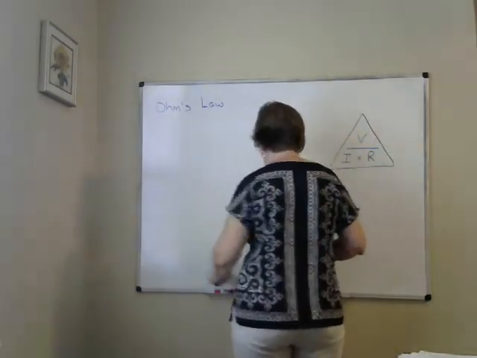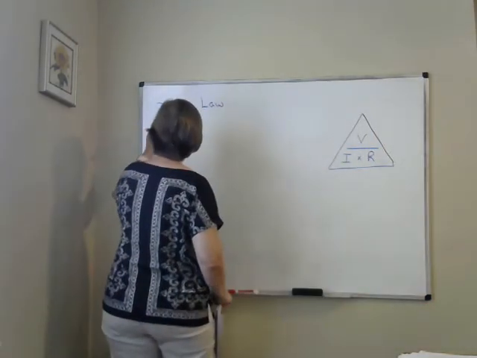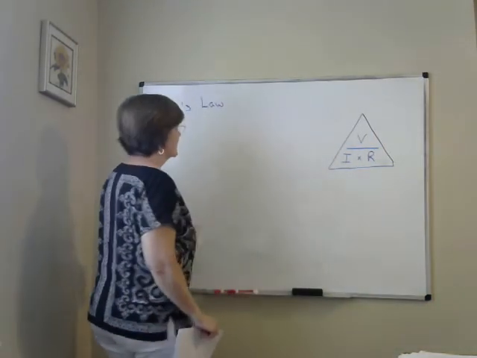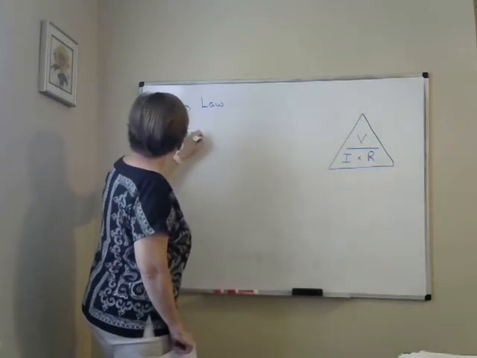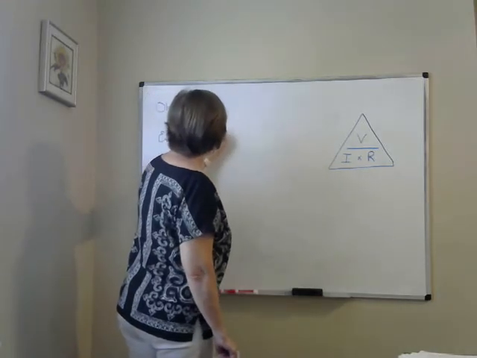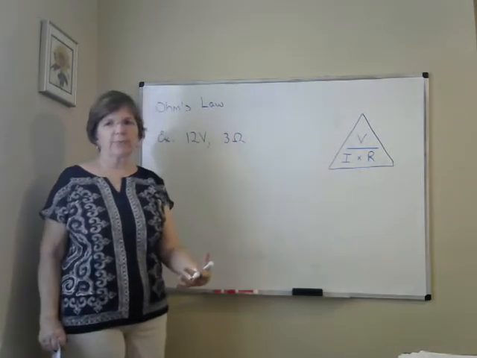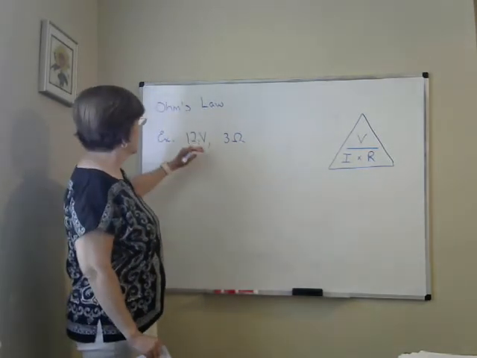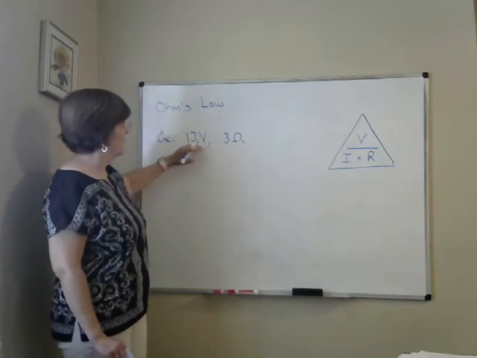So for example, suppose that I tell you that I have something connected to a 12-volt battery and the circuit has 3 ohms of resistance. And I say, well, how much current does it pull? What's the current through this circuit if I connect a 3 ohm resistance circuit to 12 volts?